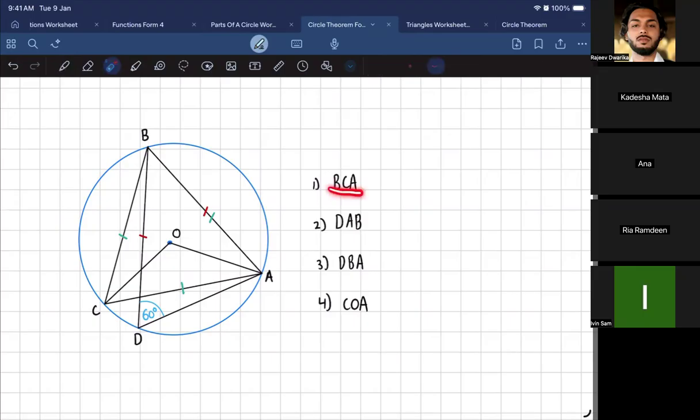What's the letter in the middle? Oh, C. Right, so BCA, that means they're talking about angle C. They want us to find for angle C. So do you have any ideas as to how we would find for angle C?